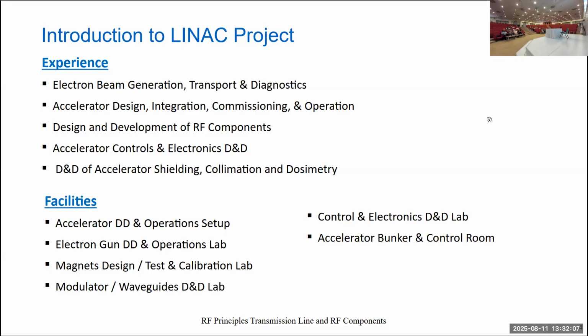and we have designed our accelerator control and electronics related to these accelerators. We also have designed accelerator shielding, collimation, and the dosimetry of these accelerators. What sort of facility do we have?